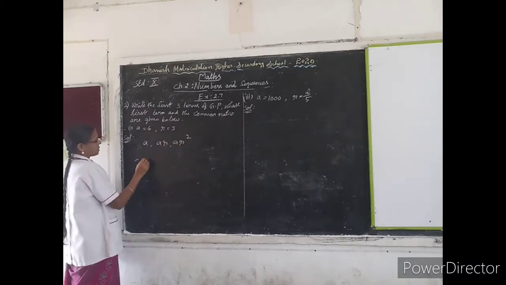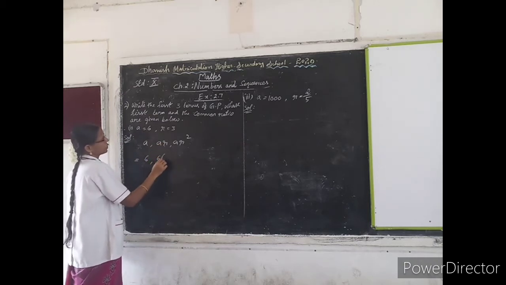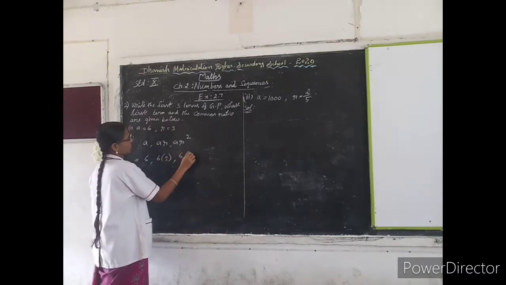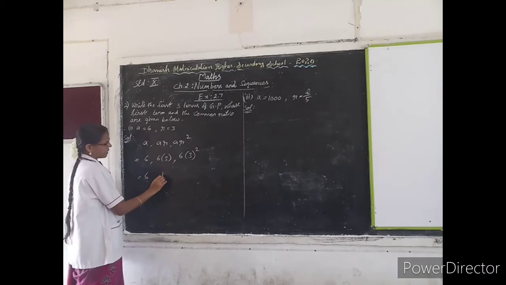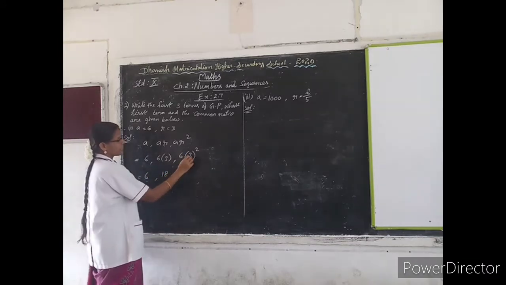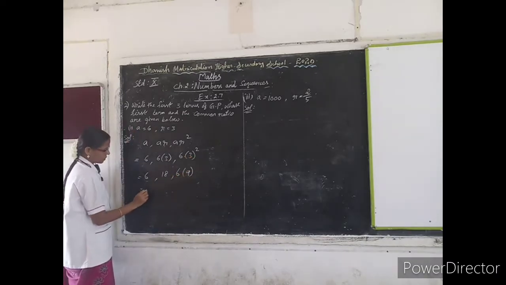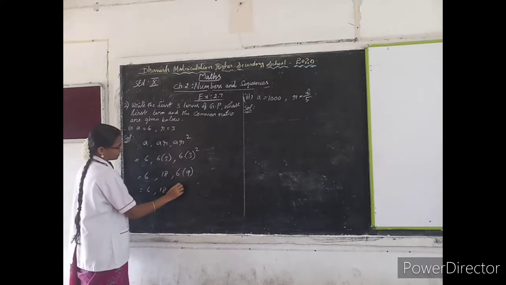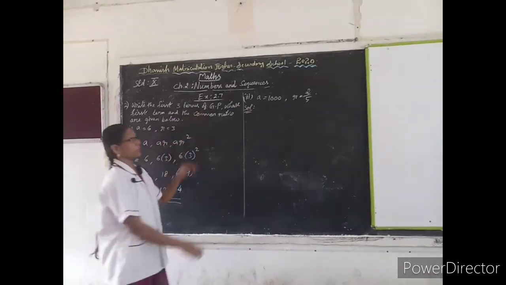Here A is 6, comma, A into R, that is 6 into 3, AR square, 6 into 3 square. First simplify this bracket. 3 square is 9. 6 threes are 18, 6 nines are 54. So 6, 18, 54. These are the 3 terms of GP.